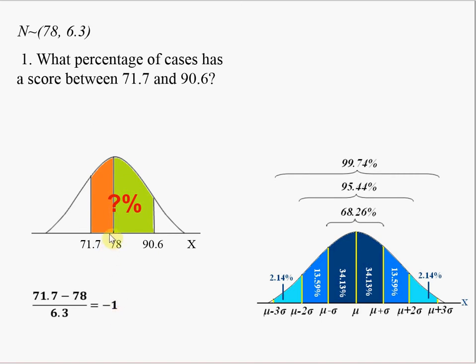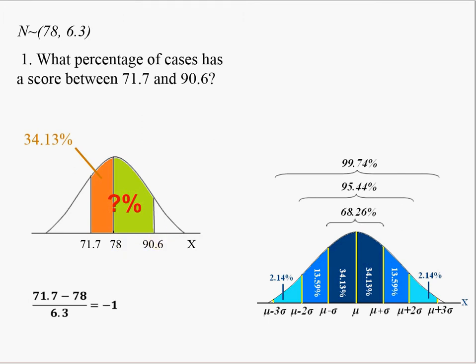The 1 means one standard deviation, and the negative sign means below the mean. So we know that 71.7 is one standard deviation below the mean. If that's the case, what should this percentage be? One standard deviation below the mean corresponds to 34.13%.